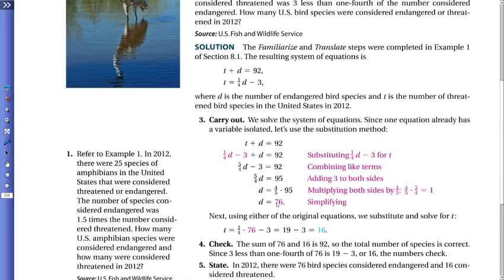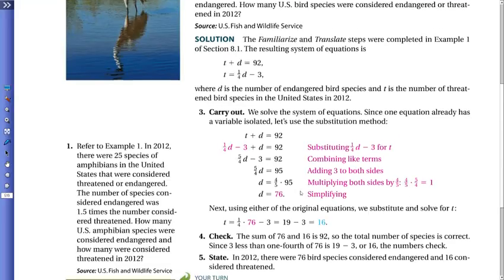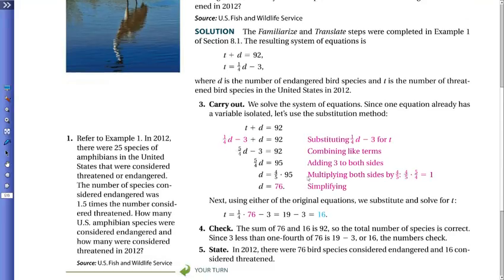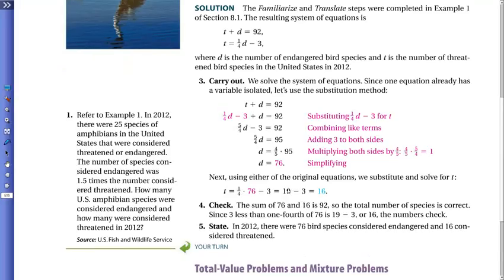And like I've gone through before, substitution is something we do every time we check an equation to see if we really do have a solution. That's a substitution process, to go back and see if the number I think I should be using actually works, right? So they solve that for d, and they get d equals 76.